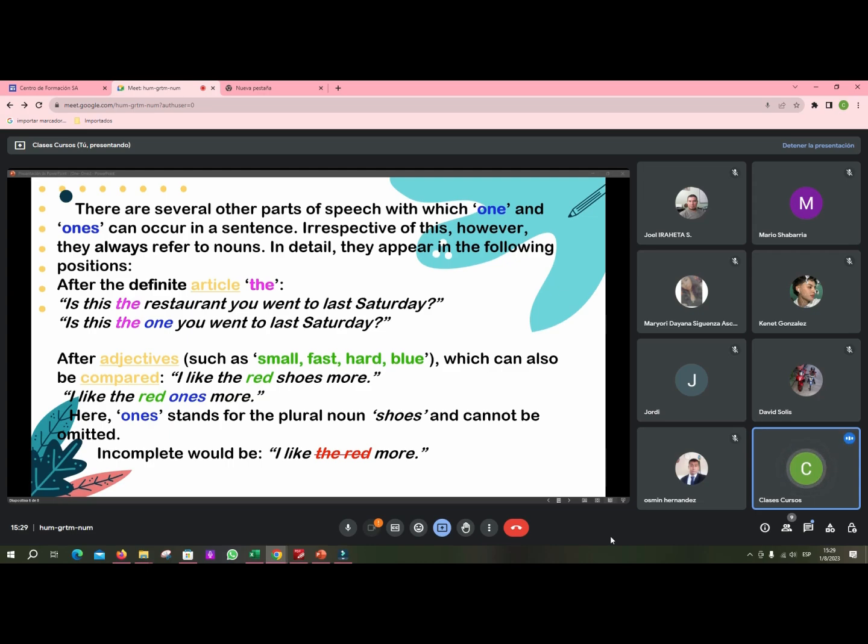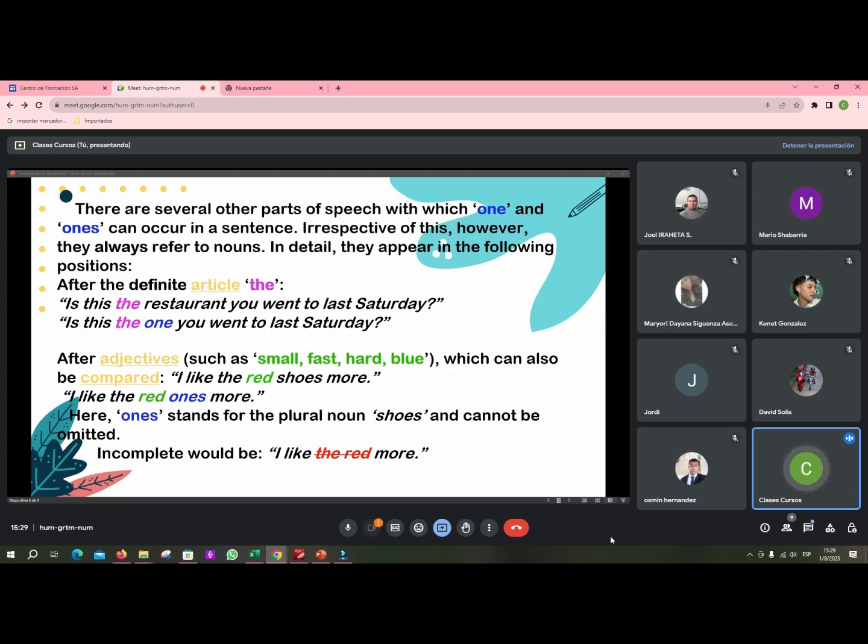In this case, you have an example: I like the red shoes more. There you have red, and you're talking about what? Shoes. So red is your adjective and shoes is the noun, which is plural. So: I like the red ones more.